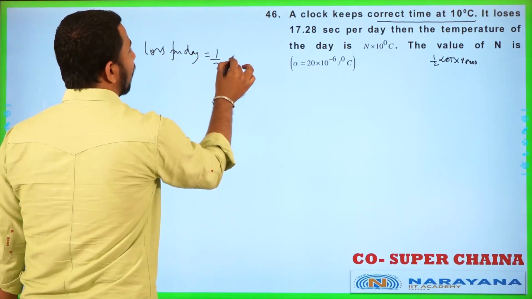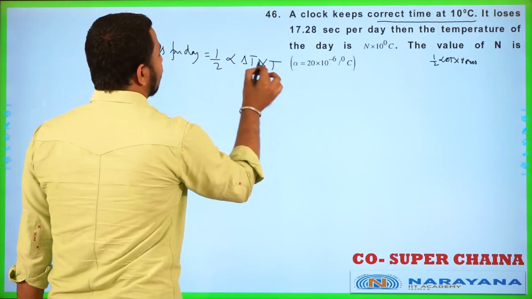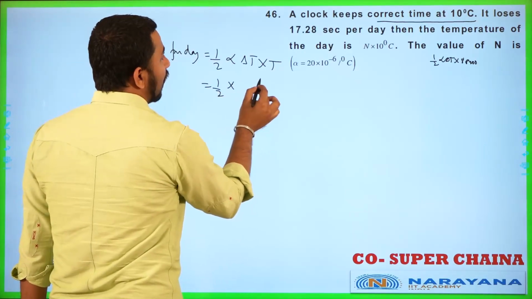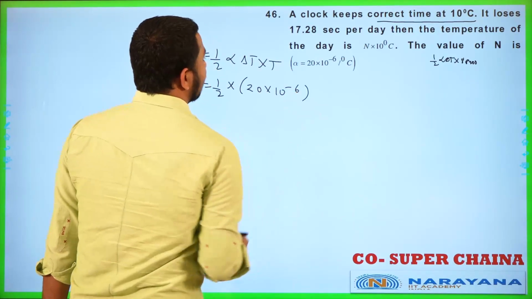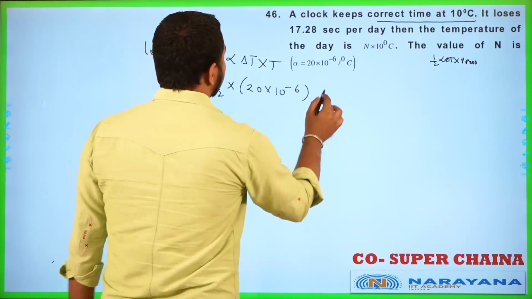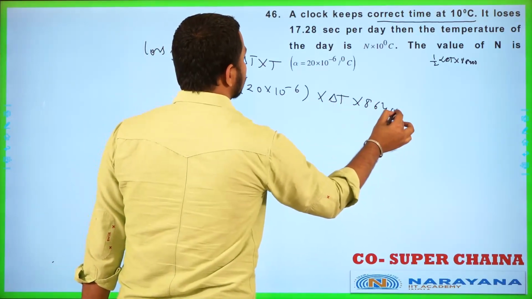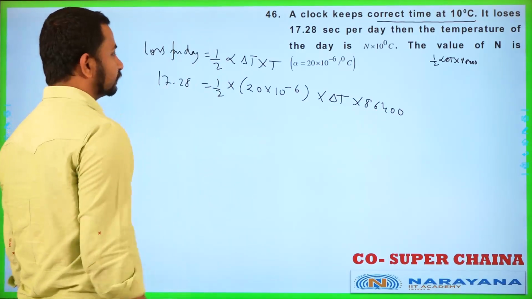It will be half alpha delta T into T, where T is the 24 hours. Substituting, half into alpha value 20 into 10 to the power minus 6, and we have to solve for delta T. T is nothing but 86400 seconds. The loss is given as 17.28.